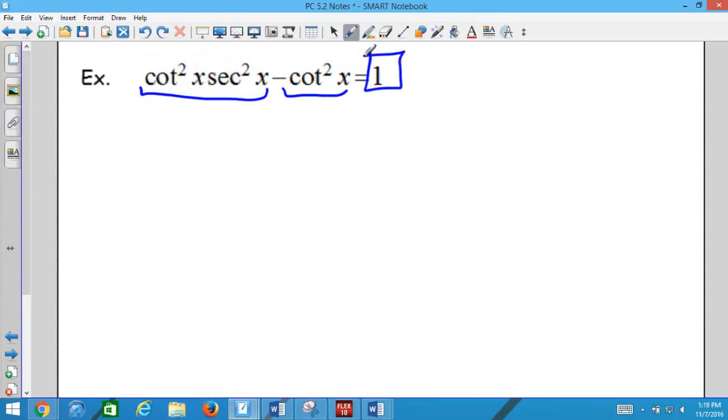So these are 2 terms, and both of these terms have cotangent in them. So I'm going to factor out the cotangent from both terms. I'm going to undistribute it. When I factor that out, I'm left with secant squared x minus 1.